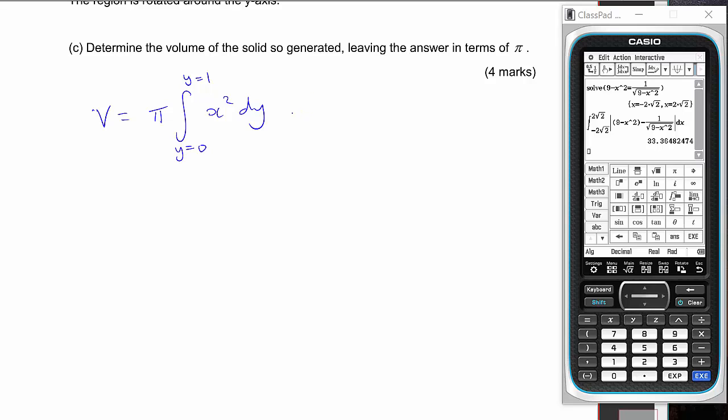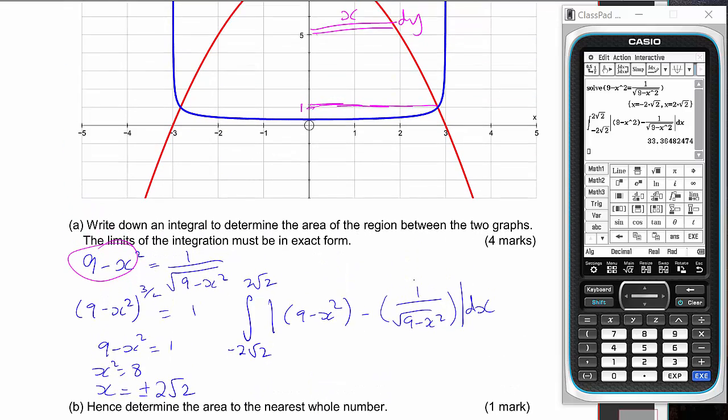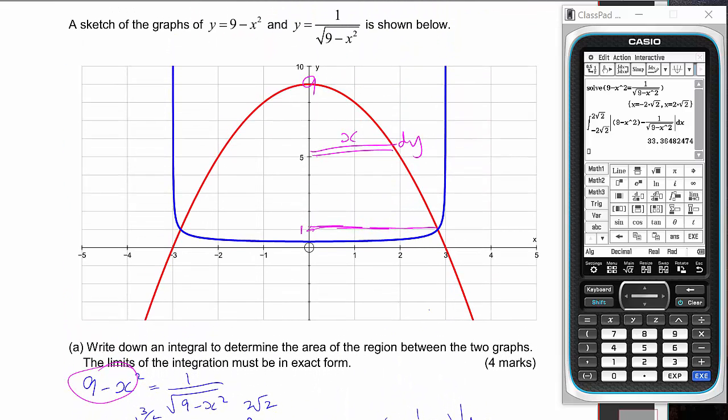Then we're going to add to that pi times the integral from y equals 1 to y equals 9 of x squared dy, where that one is the other curve. So it's going to be pi times the integral from 0 to 1 of, and what is the blue one?